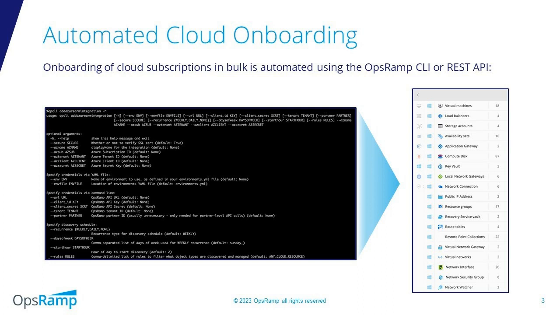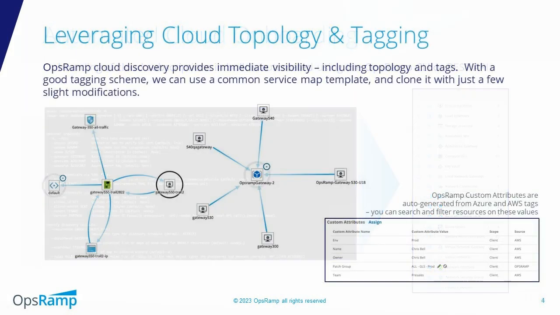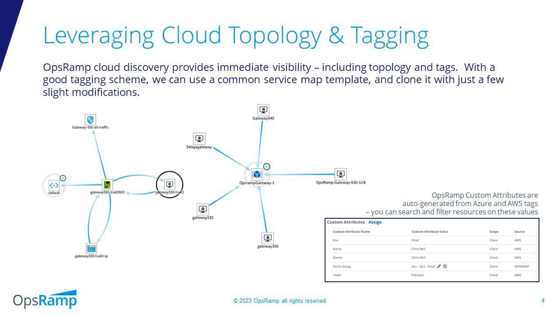And as we onboard those Azure subscriptions into the system, we discover all of the cloud native objects, whether those be virtual machines, load balancers, storage accounts, all that stuff that may be playing a role in being part of the application composition.